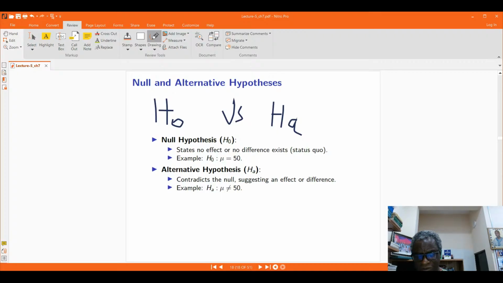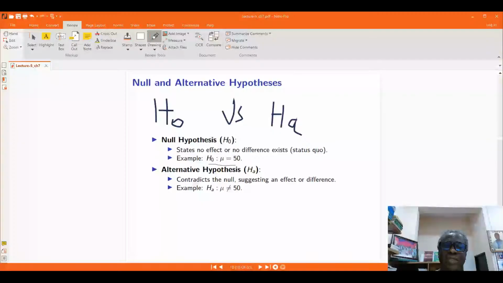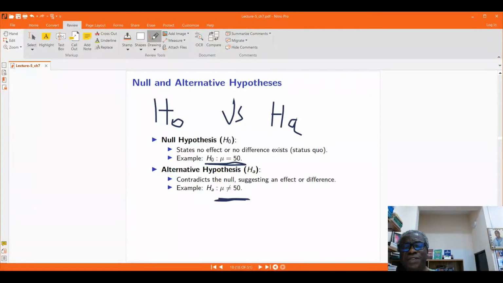The alternative, on the other hand, is always contradicting the null. That is why if the null says it is 50, the alternative will say it is not equal to 50. There are other things. It could be directional, which means the alternative can say it is greater than 50.